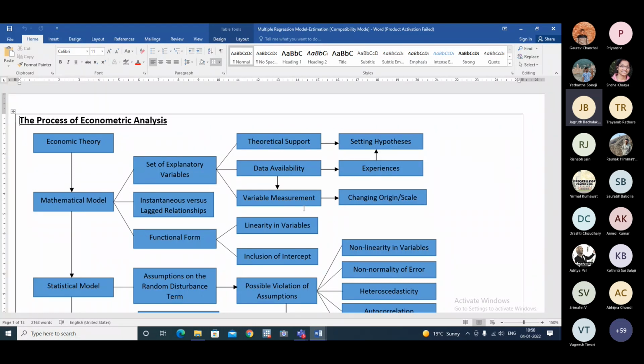If I have data on both, I can measure profitability as the ratio of PAT, profit after tax, to sales, as well as profit before tax to sales, and I can use both in alternative models and see if the results are consistent.